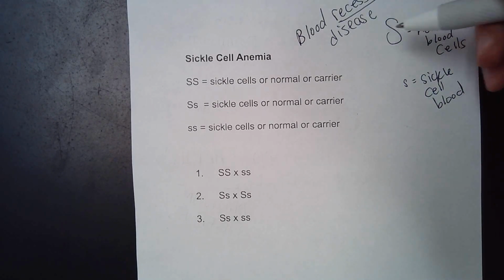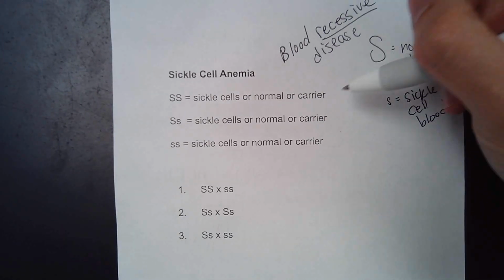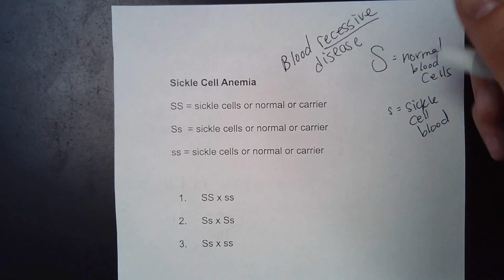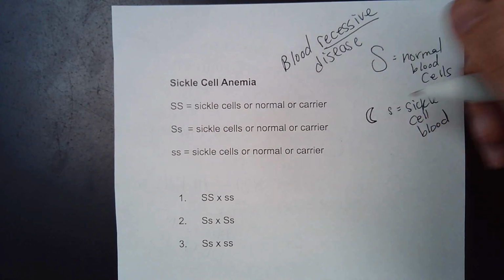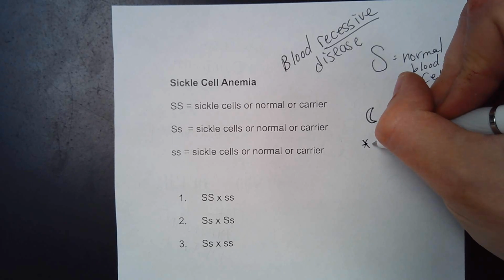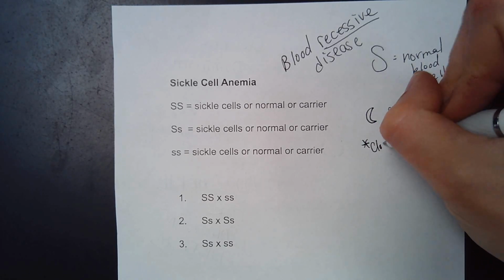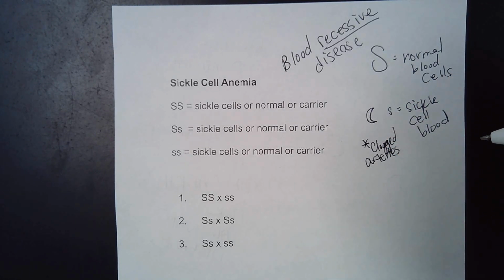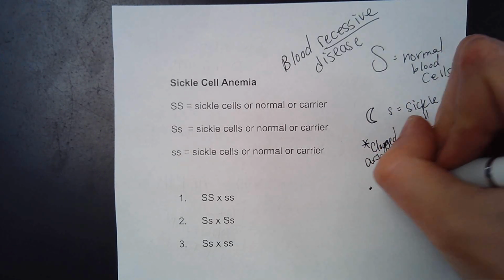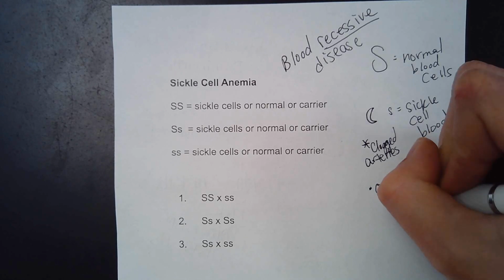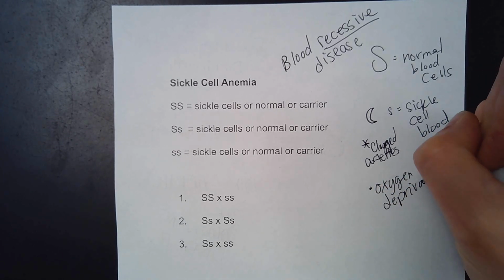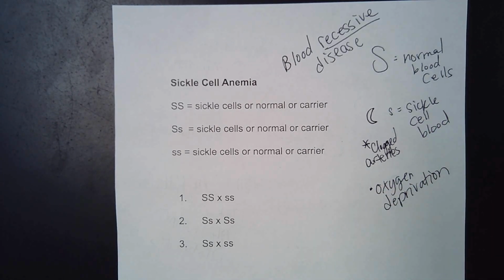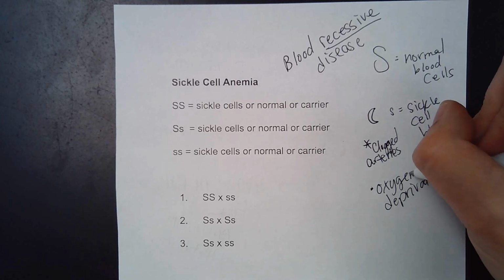Okay, and so normal blood, they're circular, they're round, they fit easily through arteries and veins, but sickle cells can get trapped or clogged. So they get clogged arteries, and that can cause oxygen deprivation. And it's very painful. There are treatments that can help.